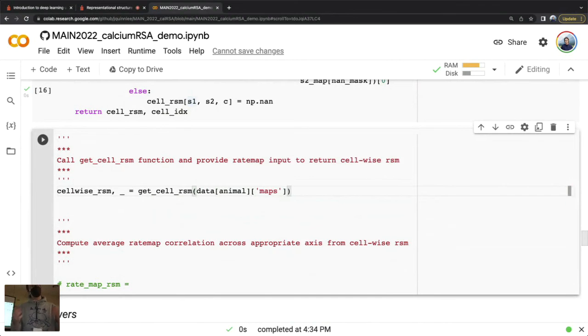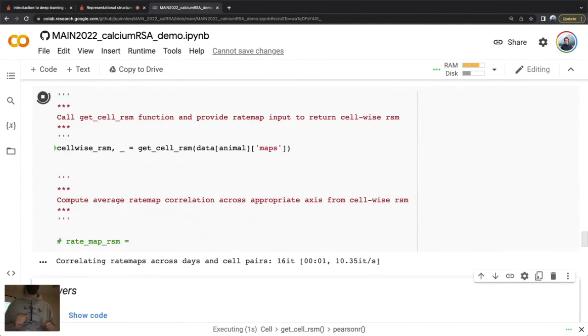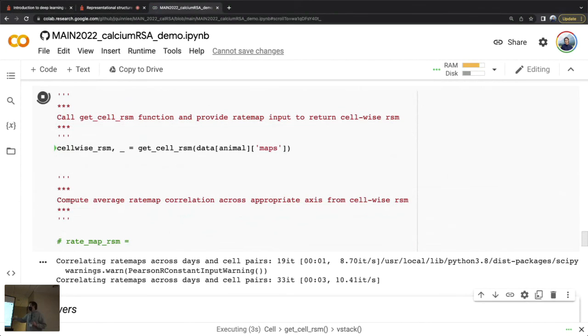And determining whether it's smooth or unsmooth, that'll happen inside the function. But you could just throw this and it should work. Yeah. So there was probably an all-NaN case in there somewhere, but it's iterating across all of the cells. There's 942 or something like that.